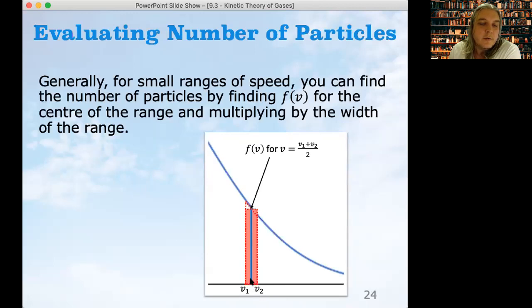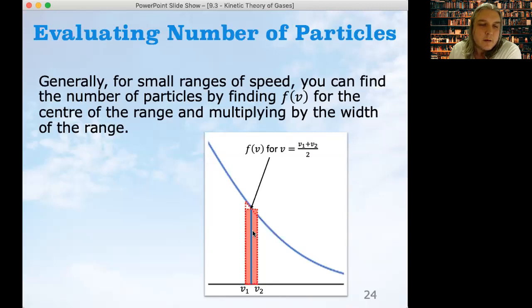So you can see if you find the height in the middle here, and then make it a rectangle, so multiply by the width, that's an area. A length times a width, that's a rectangular area. That is pretty much the same as it was before, because this little bit where we've cut out, we've added on a very similar bit on this side. So as long as our velocity range isn't too big, then this approximation works very well.